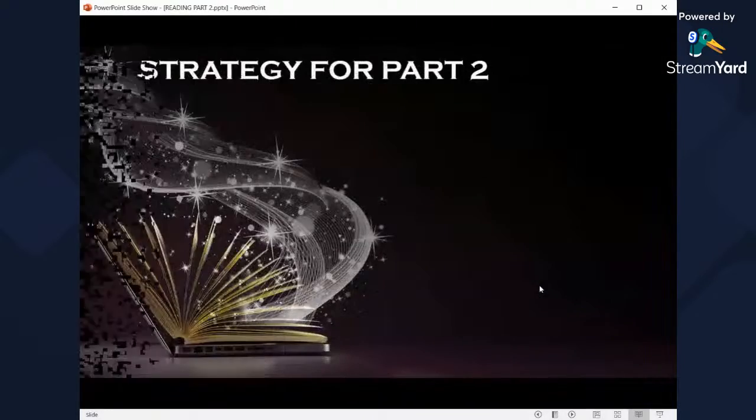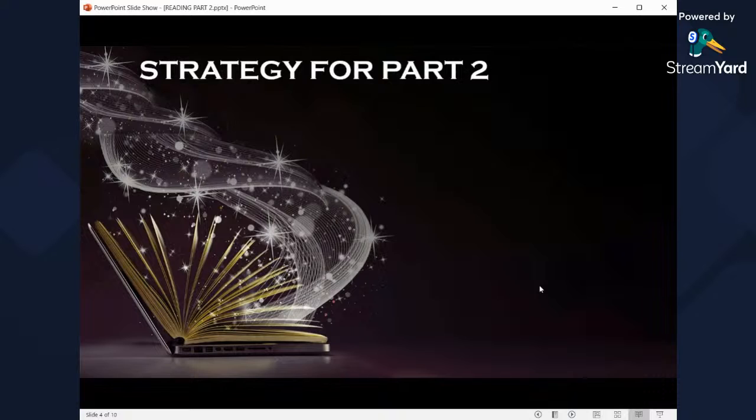Let's look at this. The strategy for part 2. My focus when I teach any of my students in school or I go for seminars outside, I always teach strategy. The reason I teach strategy is this, my dear students. You can use this strategy at any level, whether you are at low level up to when you finish school, you are in university, you are in college, when you have to do English proficiency, this strategy still applies.